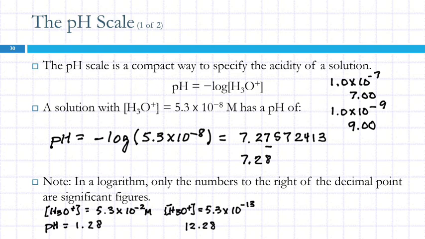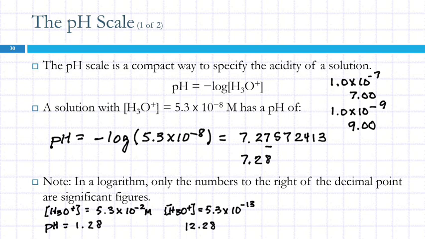Do you need to be able to do that? Like if you know what this one is, do you need to be able to write the pH for other things that are also 5.3 something? No, absolutely not. I am doing this to help you understand why it's only the decimal places that are the significant figures.